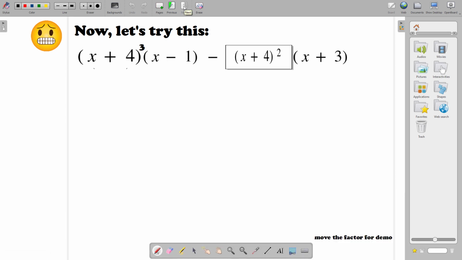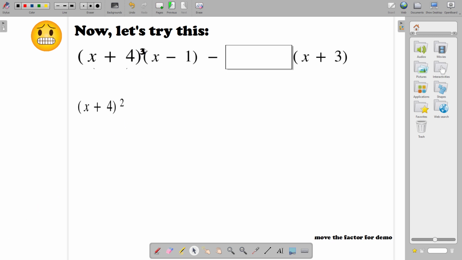All right, here's another example. We've got an x plus 4 in both terms, but actually we have an x plus 4 squared that's in both of those. So I'm going to take the x plus 4 squared out, and when I take that squared out of this term, we're left with an x plus 4 to the first.